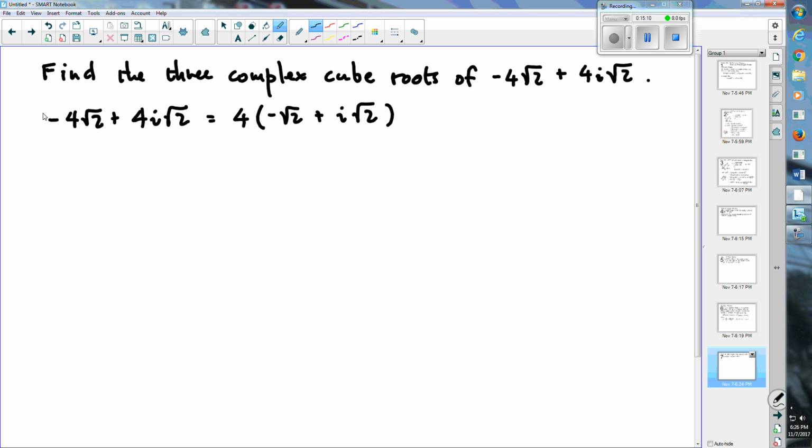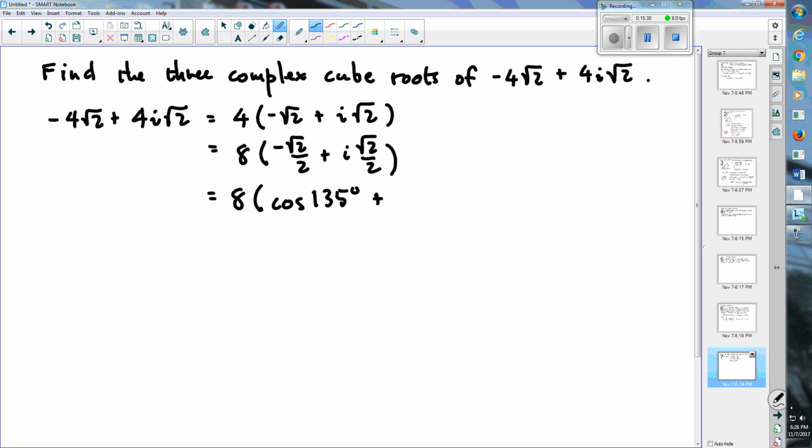I'm going to keep factoring out maybe another 2. So let's write this as 8, and then in parentheses, negative root 2 over 2 plus I root 2 over 2. Now once it's in this form, we know that we can write this as 8 cosine of 135 degrees plus I times the sine of 135 degrees.